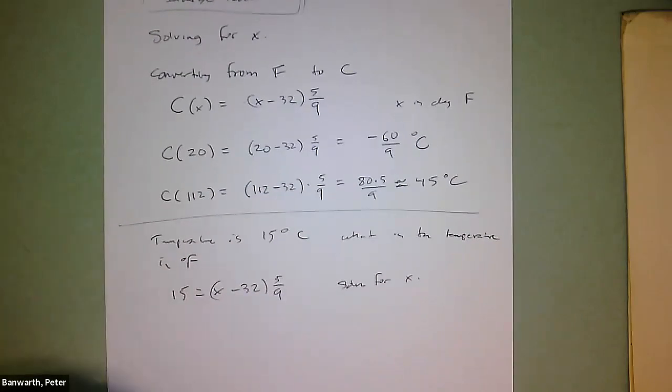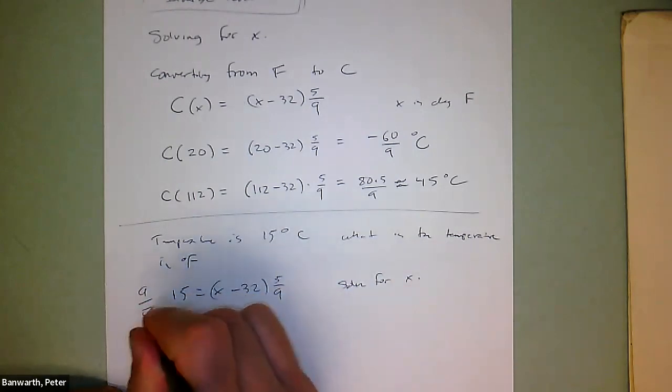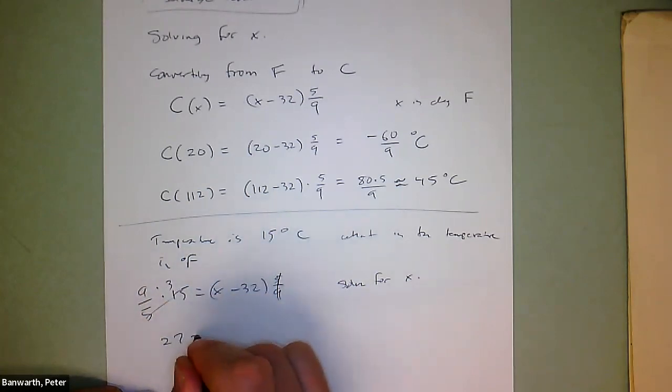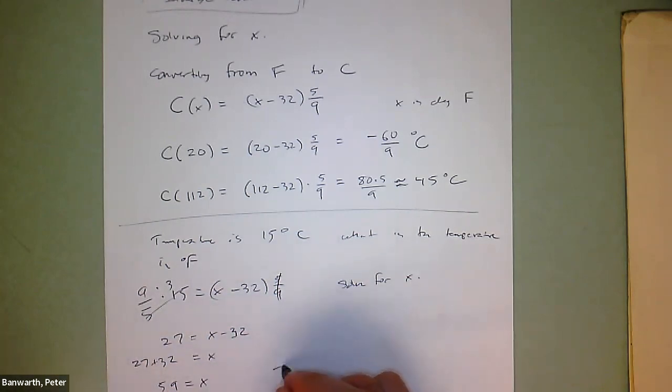That's pretty much all we're going to be doing in this section, solving for x. So in this case, you can multiply by 9 over 5. That's 27. So 27 equals x minus 32. So x equals 27 plus 32, which is 59. So 59 degrees Fahrenheit.